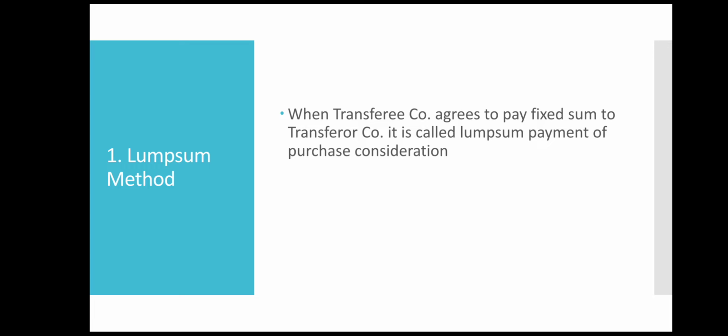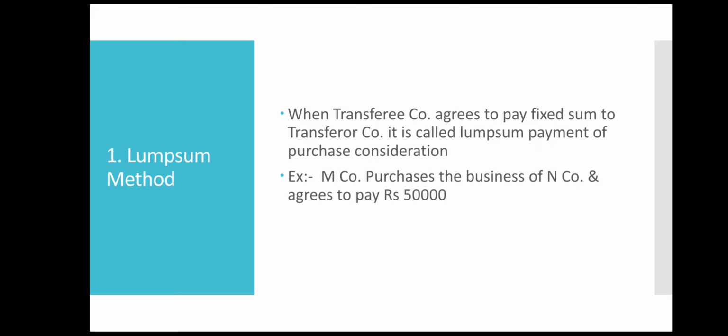Now let us understand this with the help of an example. M company purchases the business of N company and agrees to pay rupees 50,000. Now M company is purchasing the business, so it is called as transferee company, and the business of N company is taken, so N company is transferor company, and the amount agreed to be paid is 50,000.